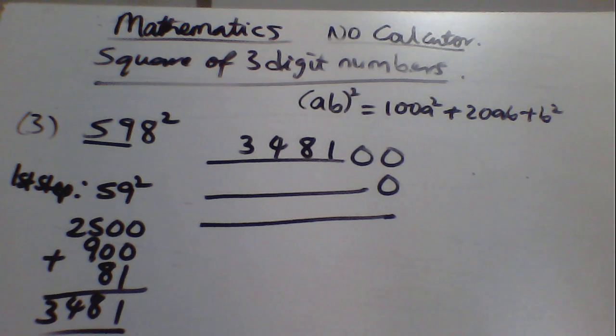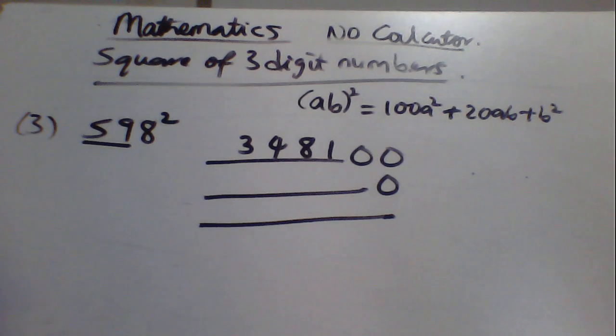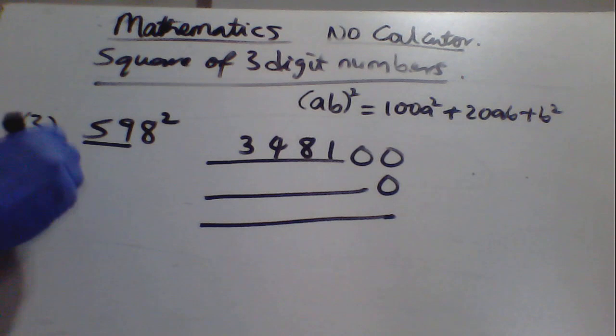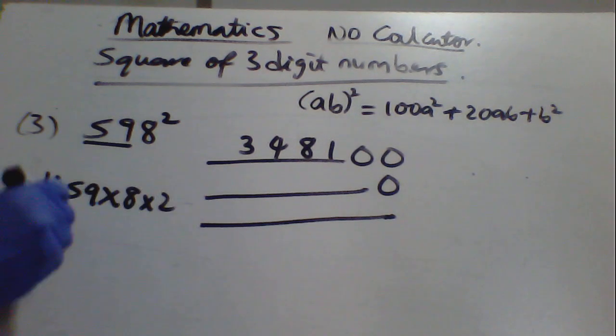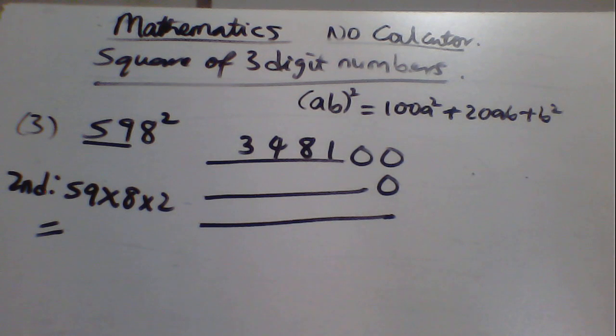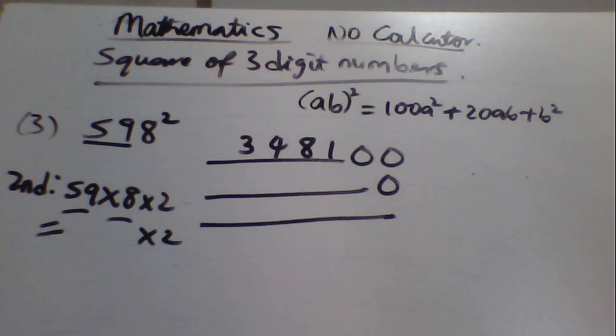The second step is to find the product of 59 times 8 times 2. So how do you do that? You can join these two and bring the product of 2 down. 8 times 9 will give us 72.